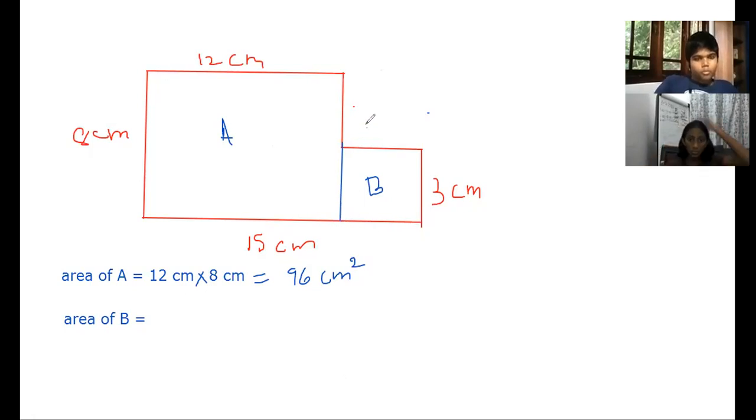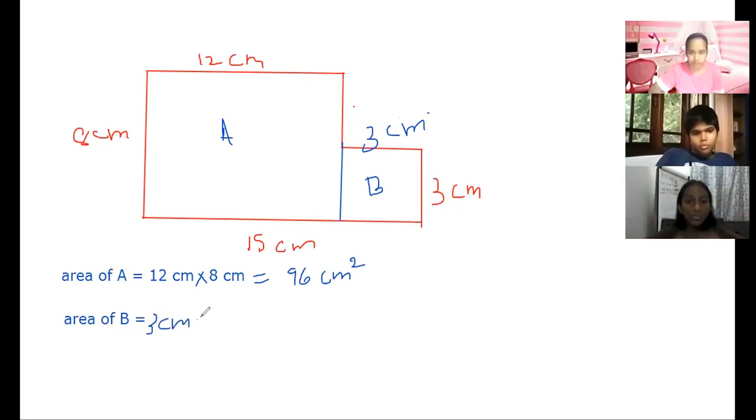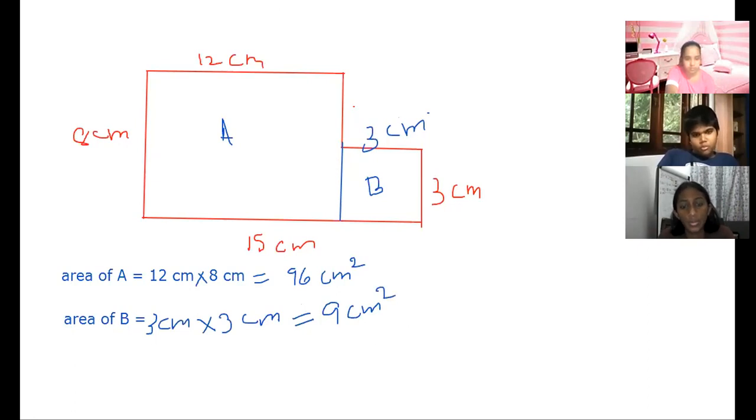3. So this one is 3. 3 multiply 3, no? Length and breadth 3 and 3. So you can write 3 centimeters multiply 3 centimeters. What is the answer? 9 square centimeters. Then you can find the area of the composite figure.